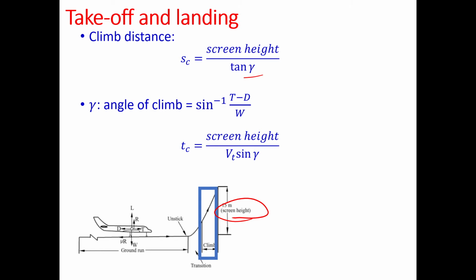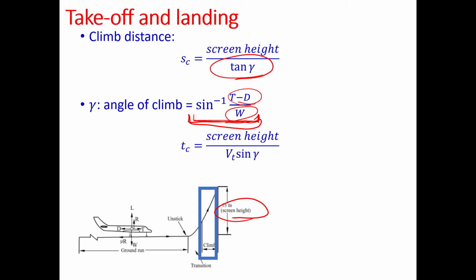It is just a definition, essentially. It is just an assumption, a given parameter. The climb distance is the screen height divided by the tangent of gamma, where gamma is the angle of climb, and we can calculate gamma using a very simple force balance in that direction, calculating the angle these forces, the thrust and drag and weight, are making with each other.